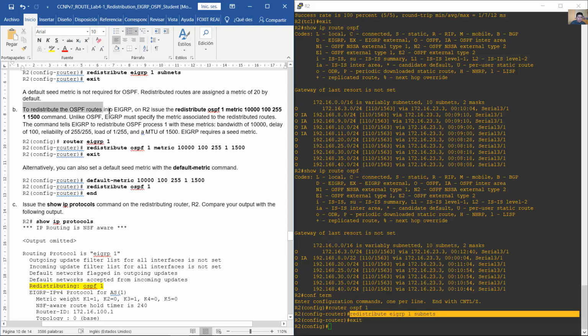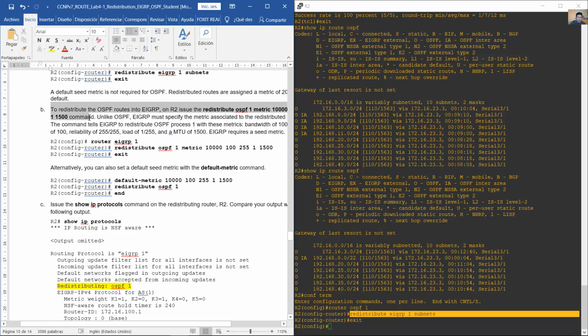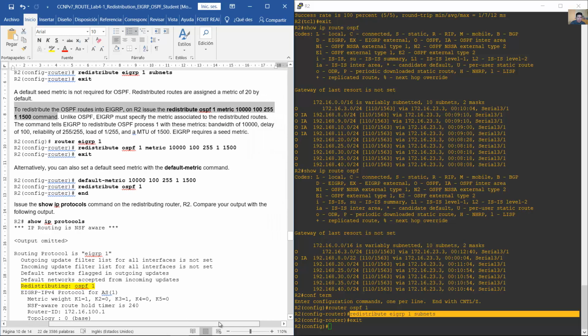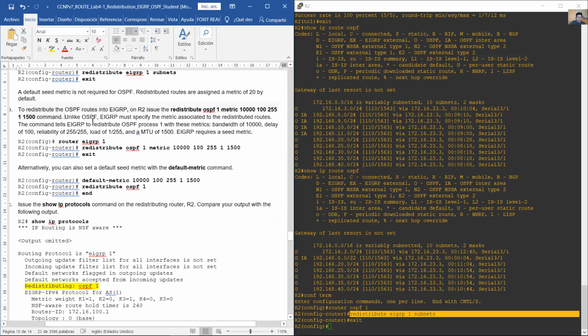To redistribute the OSPF routes into EIGRP, on R2 issue the redistribute OSPF 1 metric 10000 100 255 1 1500 command. Unlike OSPF, EIGRP must specify the metric associated with the redistributed routes.